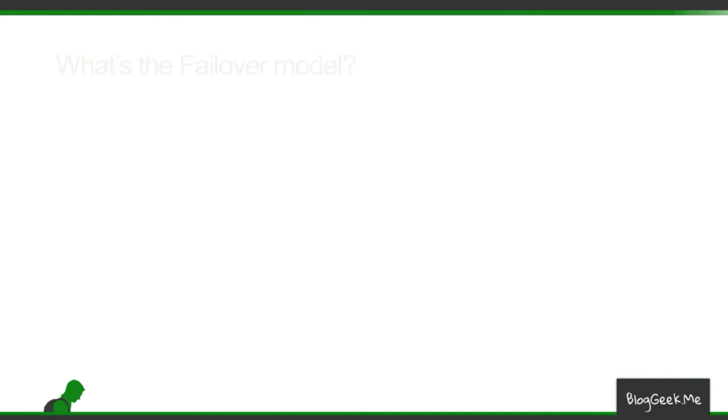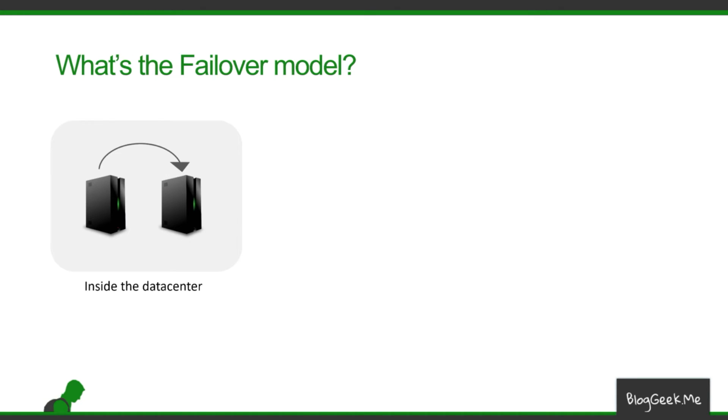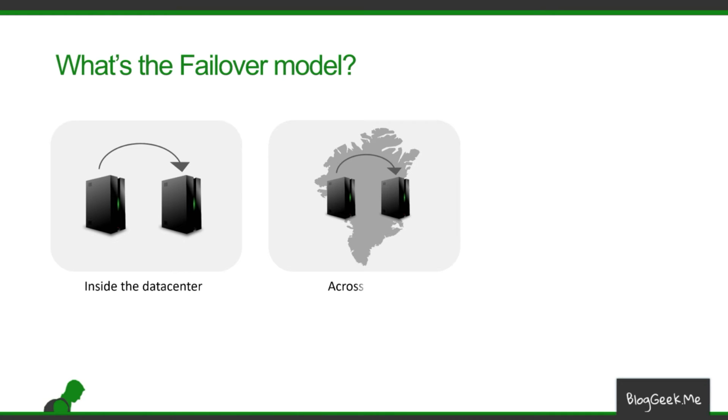So how do we do that exactly? What's the failover model that we're going to use? So first and foremost, within the same data center, within the same availability zone, we're going to be able to switch from one machine to another, to take workload from one media server and throw it to another. If we're talking about the same region, we should also be able to do that across zones.